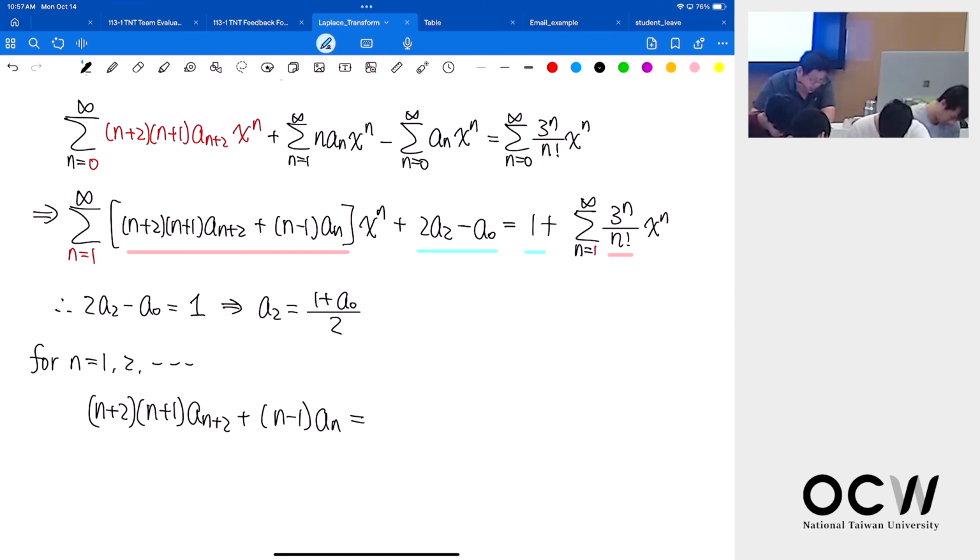That should be equal to the coefficients on the right hand side, 3 to the n divided by n factorial.